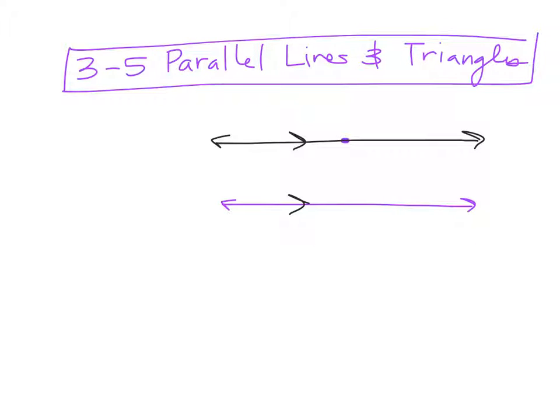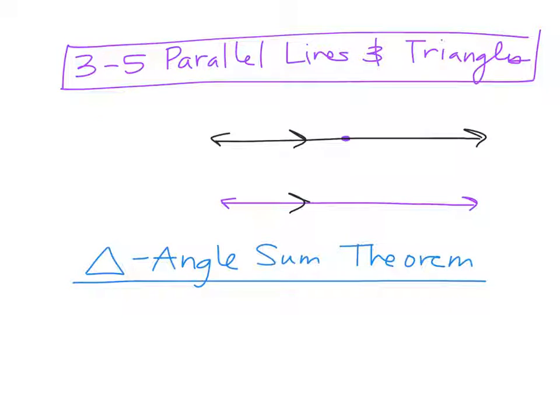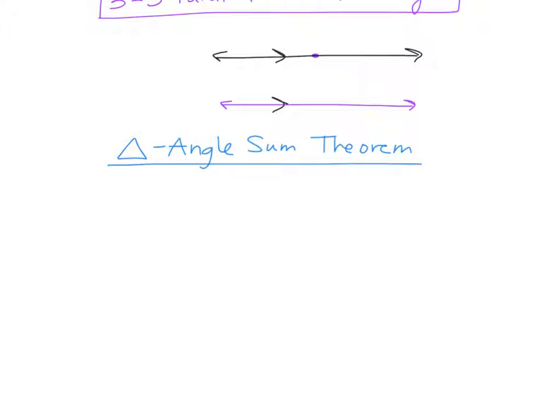Second theorem, this one you're going to use a ton. It's called the triangle angle sum theorem. This is the one I just showed you with the interior angles in a triangle. We said the sum of the interior angles will always be what? 180.